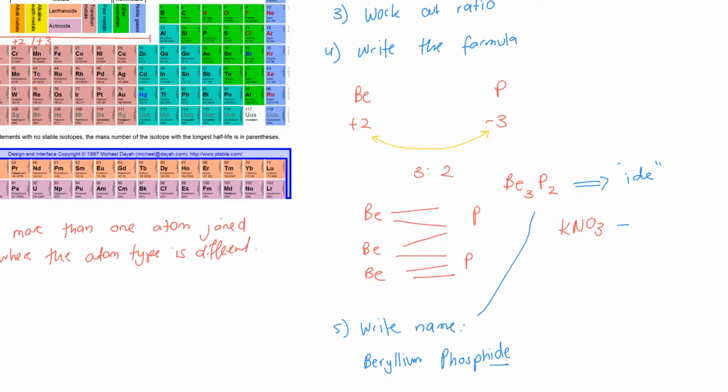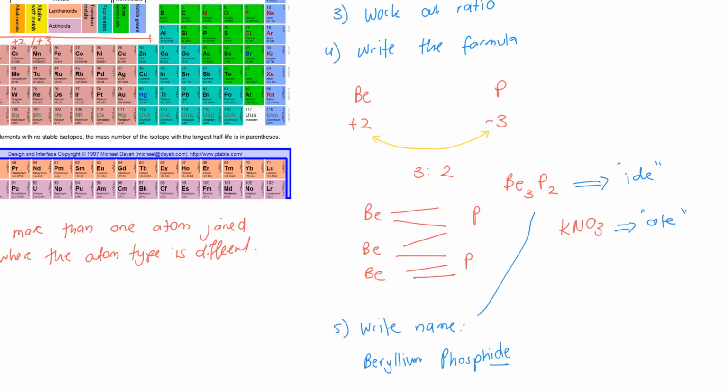So if it was just nitrogen by itself, it'd be potassium nitride. Because it's got the oxygen, we now call it ate. Now, if we know the maximum number of oxygens that nitrate has is 3, if we see one less than that, then we'd use the word ite. But we're probably not going to go into that with our level.